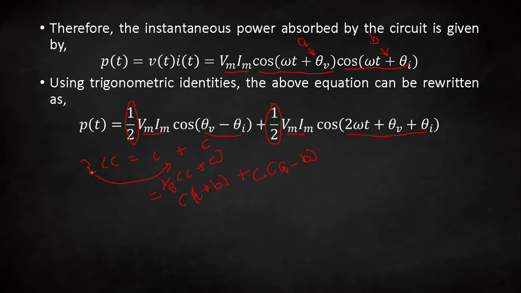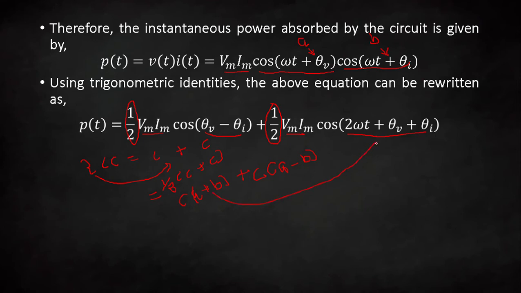So 2 cos A cos B is equal to cos(A plus B) plus cos(A minus B), where the first angle is A plus B and the second is A minus B. If we add both angles, we get omega t plus theta V plus omega t plus theta I, and that will be 2 omega t plus theta V plus theta I.